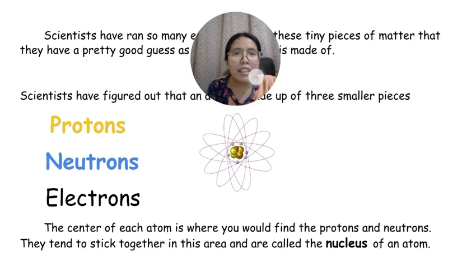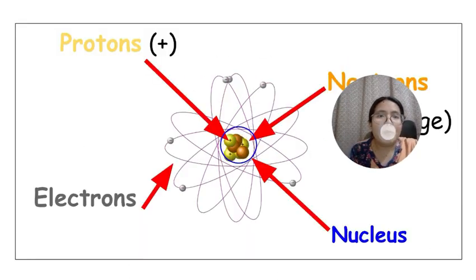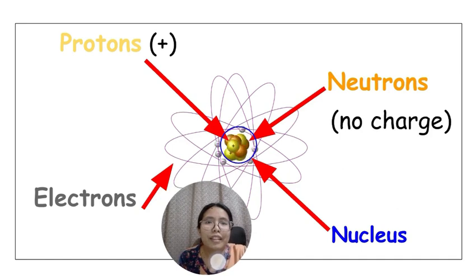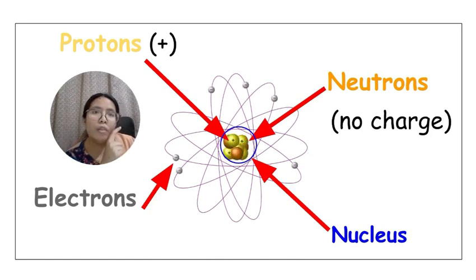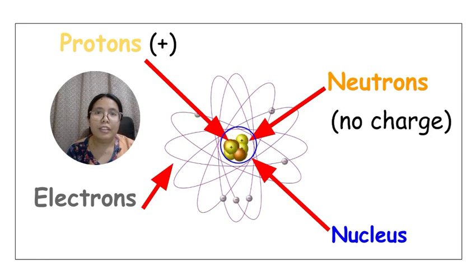So, para mas maintindihan nyo, we have this one. Okay? So, ito po ay isang atom. Ang tawag po dun sa may plus, kung sa math, integers, pero nasa chemistry tayo, yung may plus, ang tawag po dun ay protons.